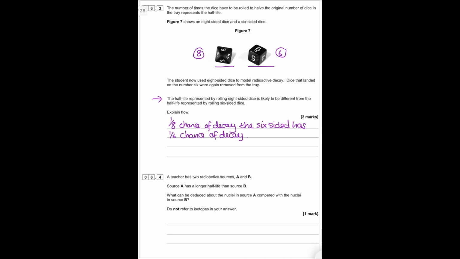So what we would say therefore is that the 8-sided dice has a smaller chance of decay, therefore it will have a longer half-life.